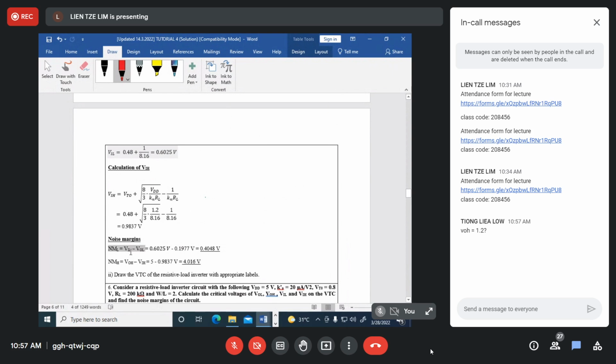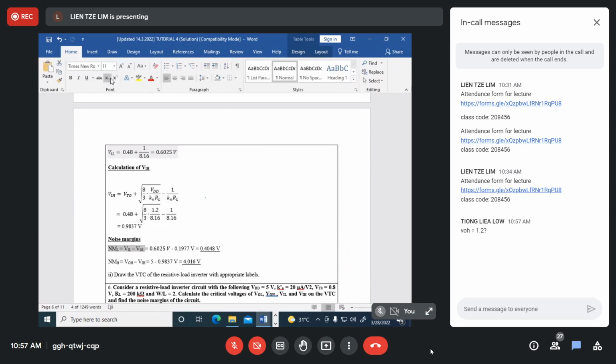Let me check again. VOH here, you see here, VOH is supposed to be 1.2. Here is 5. So my answer here is wrong. 4.016 is wrong.